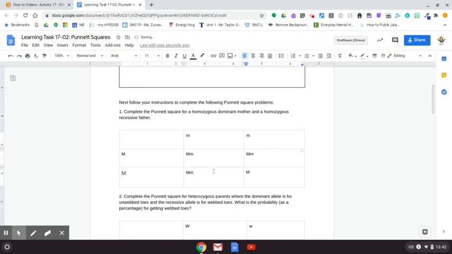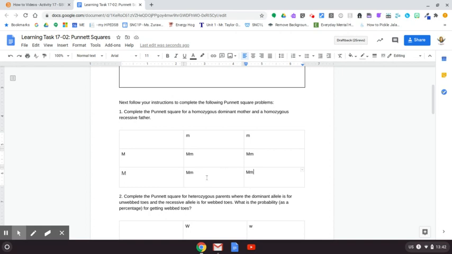So you have to think about what the possibilities are, because each person can give one of their two genes. And then obviously there's the flipping of the other person's genes. So you always end up with 4 possibilities. So in the end, we have a homozygous dominant mother, and we can see our baby is going to be heterozygous because the only options are big M, little m.